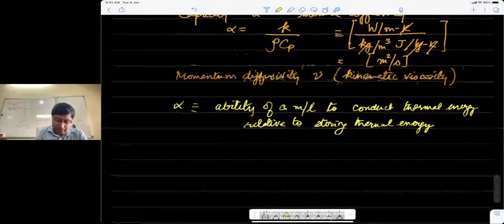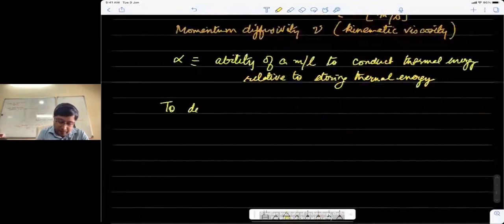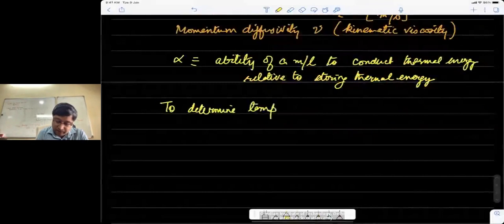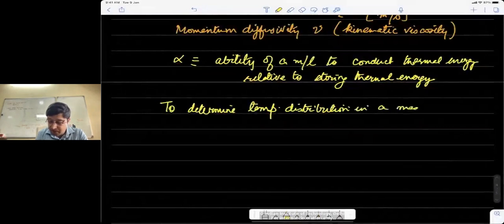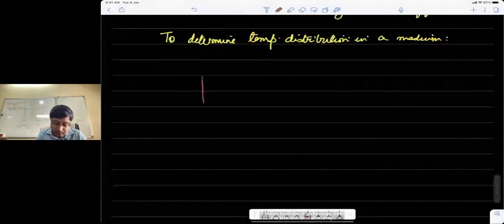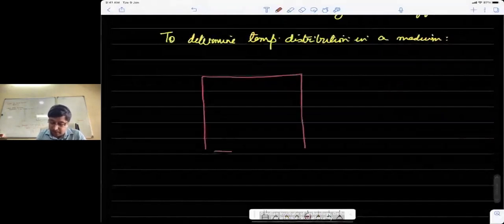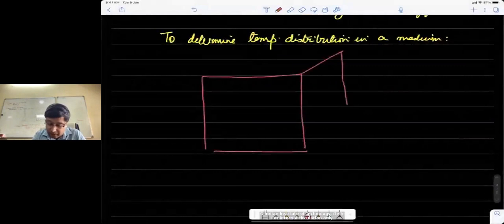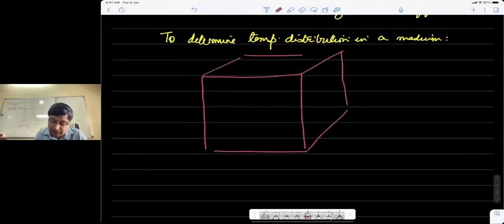So to determine temperature in a medium, or temperature distribution, I should say, we will apply conservation of energy, and let's say the medium happens to be, just for the sake of this argument, some kind of a three-dimensional body which looks like a cuboid.